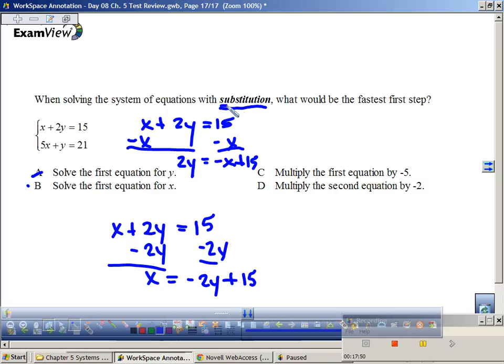It said to substitute. That's out. Multiply the second equation by -2. What's that going to do for me? Well, it'll eliminate the y. Did it ask for elimination? Nope, it did not. Are these correct if you're trying to eliminate? Yes, but we're not asking for elimination.